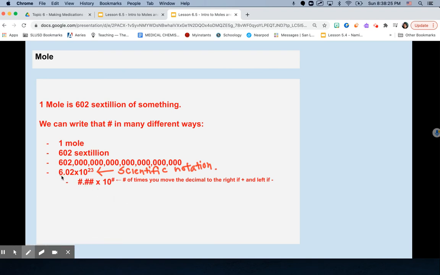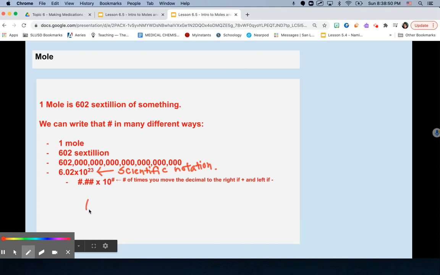Whenever you see a decimal number times 10 to the 23rd, the exponent on top is the number of times you move the decimal to the right if it's positive and to the left if it's a negative number.